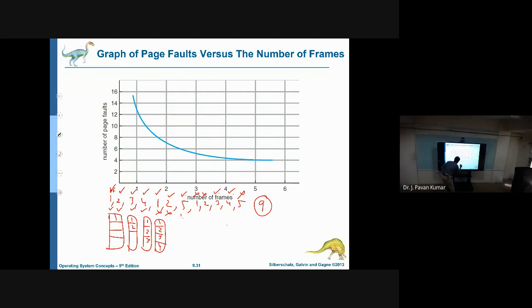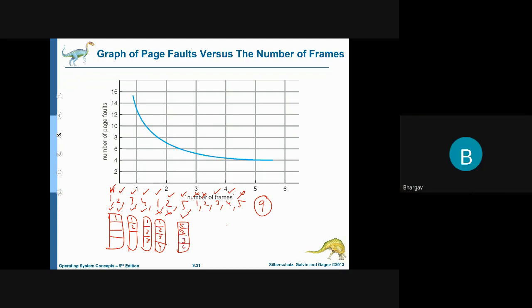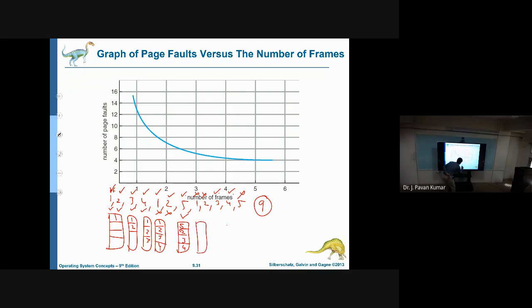Here page fault, right? So 5 2 3 4. Then 5 1 3 4, here page fault will occur. Next 2, again page fault, so 5 1 3 2.